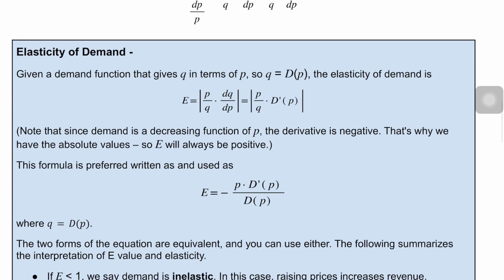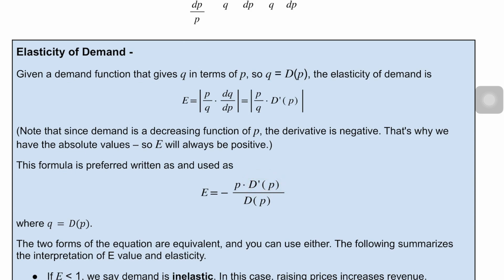So what I'm saying here is this elasticity function, this ratio, is the same as this ratio. That P is this P. This derivative is this derivative now. The Q right there is the demand function. So we have derived an elasticity function, and we're assuming that we're going to be given this function, and we're going to be able to take the derivative of it, and so on, right?